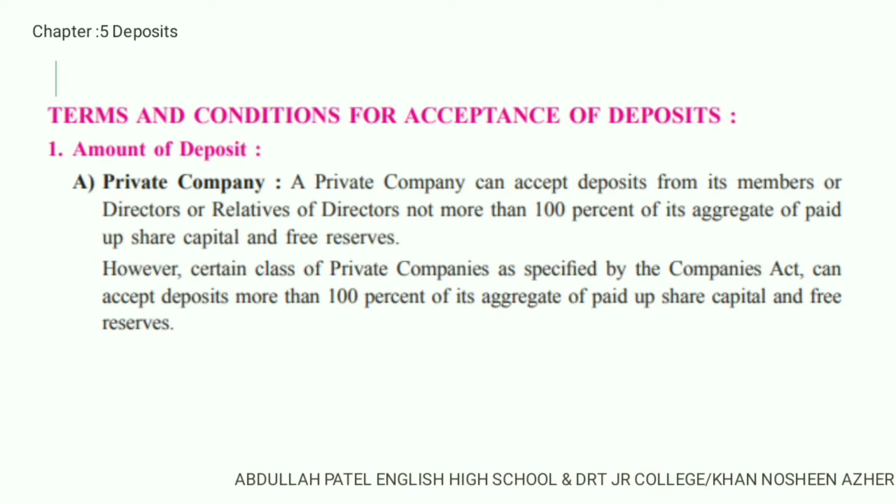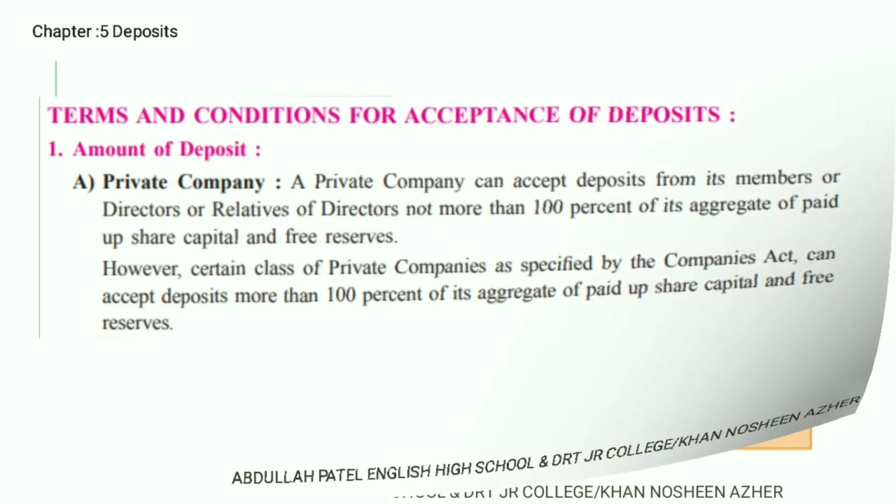Paid up share capital I have already discussed in the previous lecture: it means the capital amount collected by the company from shareholders on shares, and free reserve means the amount saved by the company for future requirements. I hope the private company type is clear.